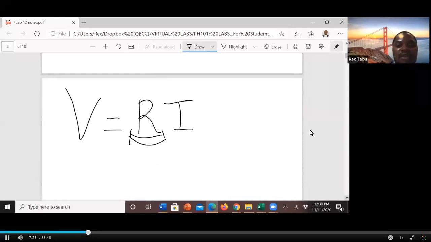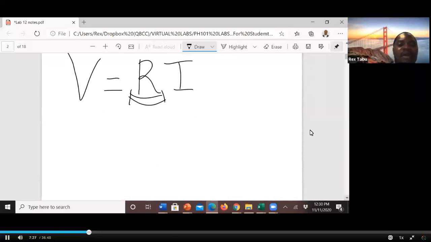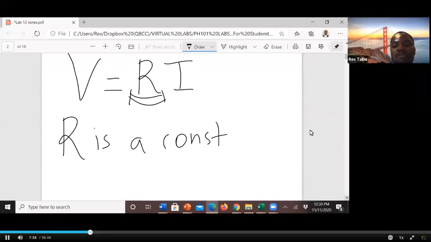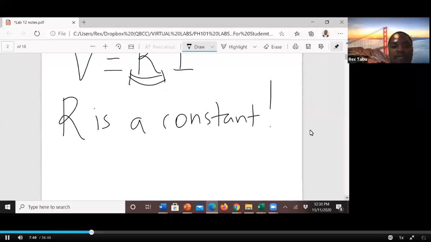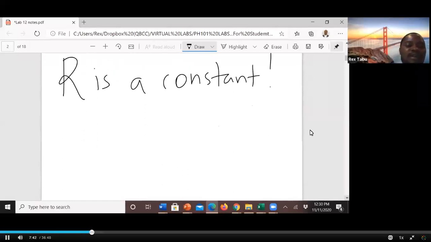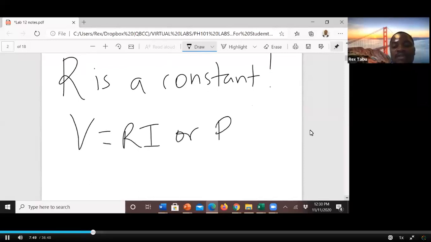So here, R is the constant of proportionality. And therefore, from that formula, we can say V = RI, or you can say resistance is given by voltage over current, R = V/I.